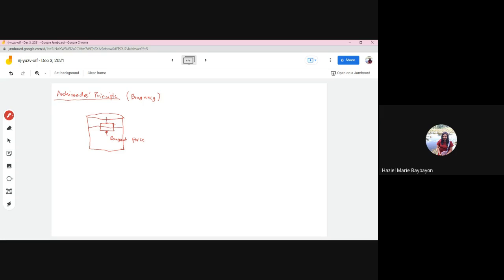So if the gravitational force Fg points downward, then the buoyant force is opposite to that. It points north. This is the reason why if you lift a heavy object that is in water, its apparent weight is lesser than its actual weight. It is as if you are being helped by the buoyant force. It is as if there is a force that is opposite to the direction of the weight.